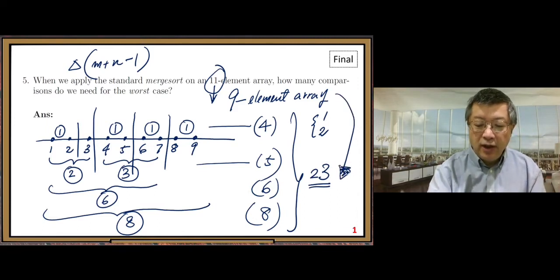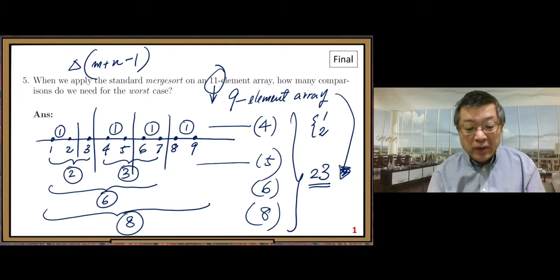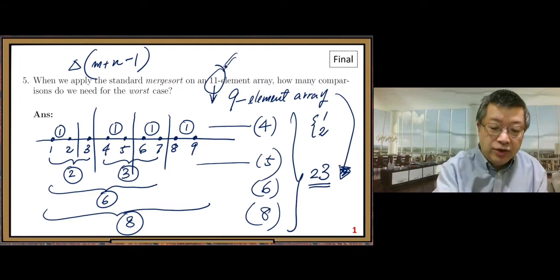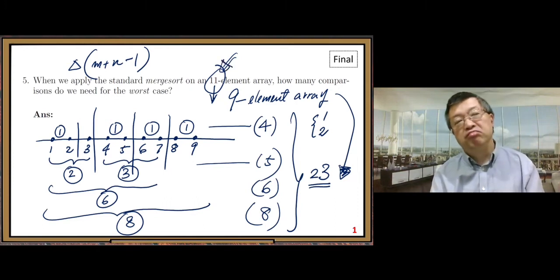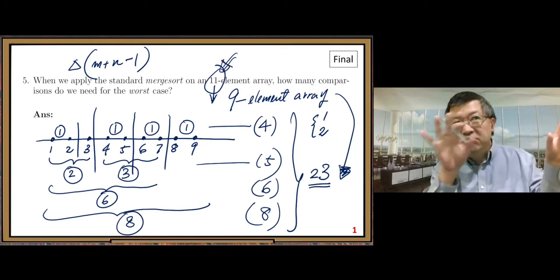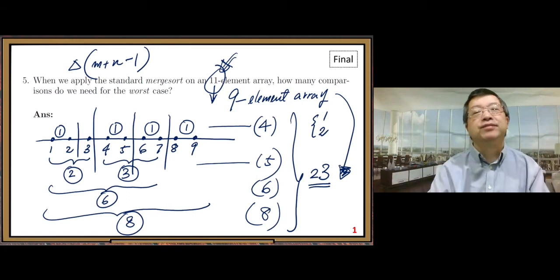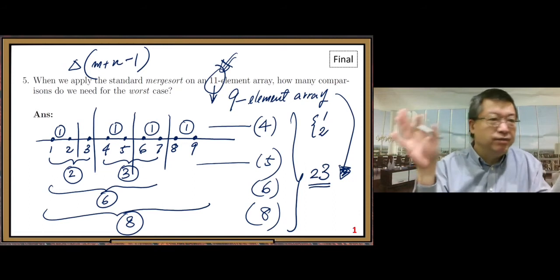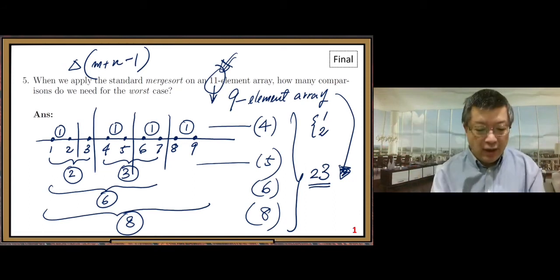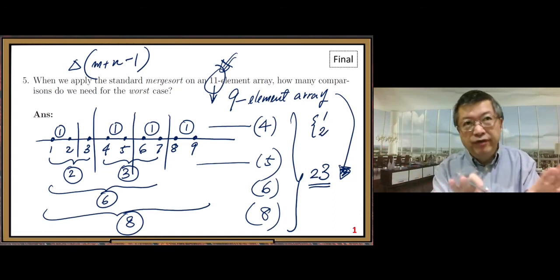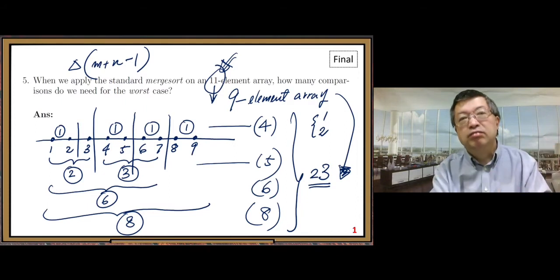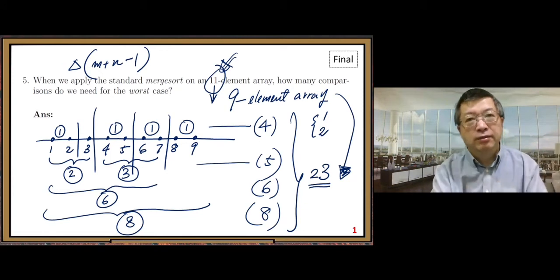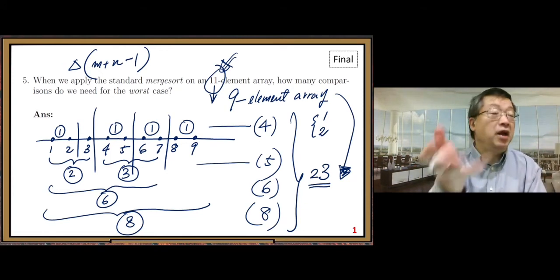Now, can you do the similar procedure, but this time use 11 elements? Okay, 11 elements, the similar way. Although the detail part could be slightly different. But if you follow this whole thing closely, you can get the same answer.